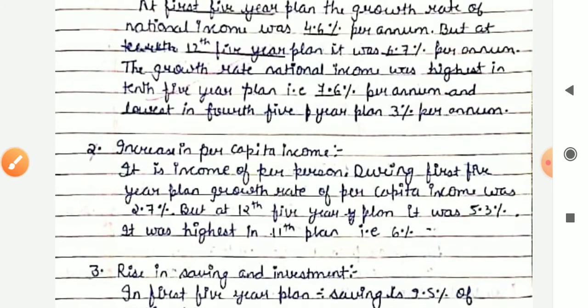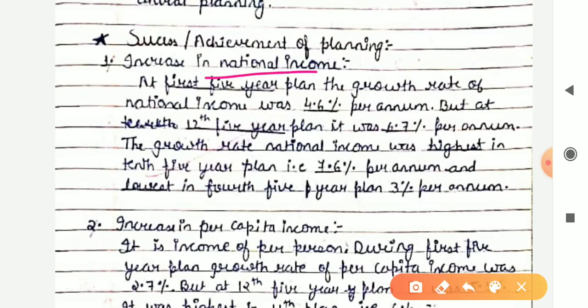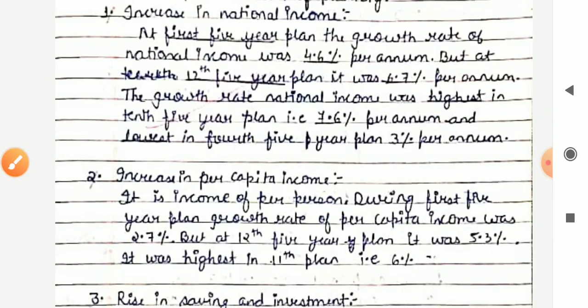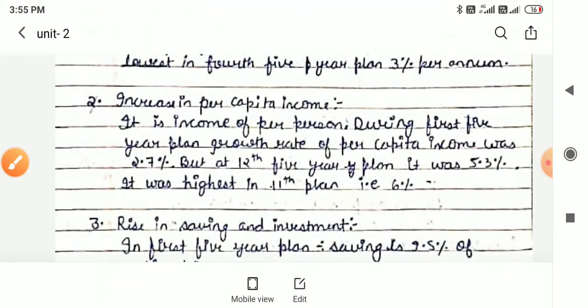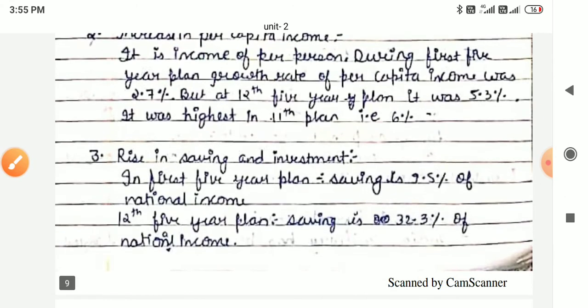Yes, here you can also search if you want to know something new or increase your knowledge: try to search the present growth rate of national income of our country, present per capita income of our country, and present growth rate of per capita income of our country.